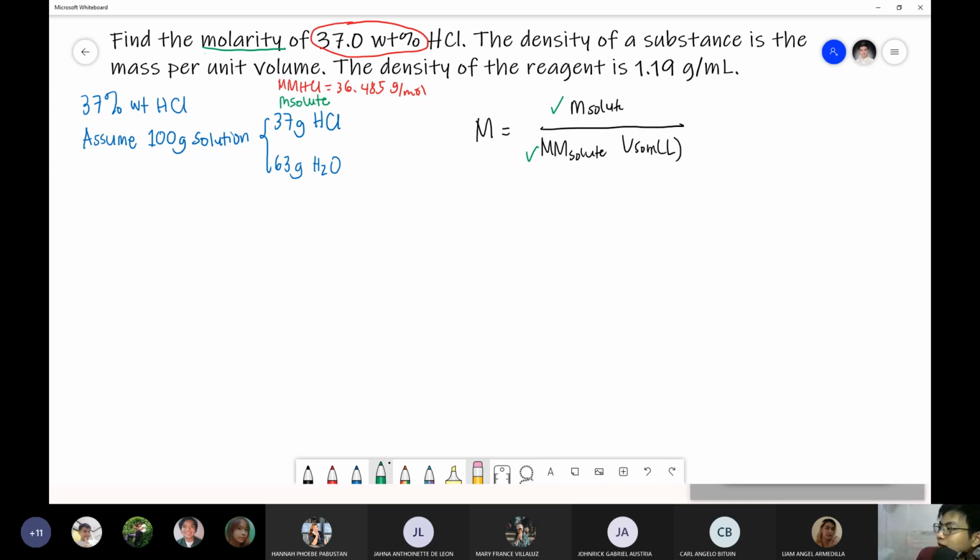Ayan na, may sagot na kayo. It's density. Yes, tama yon. Kasi, when I use density, which is mass over volume.